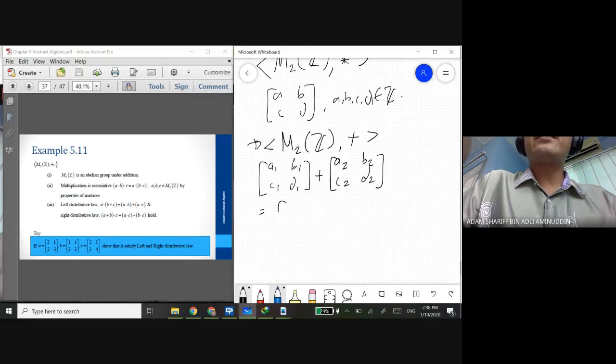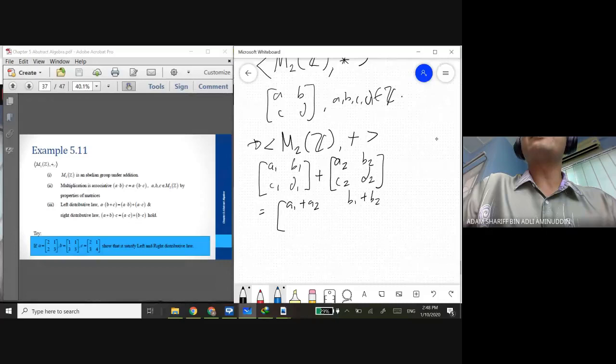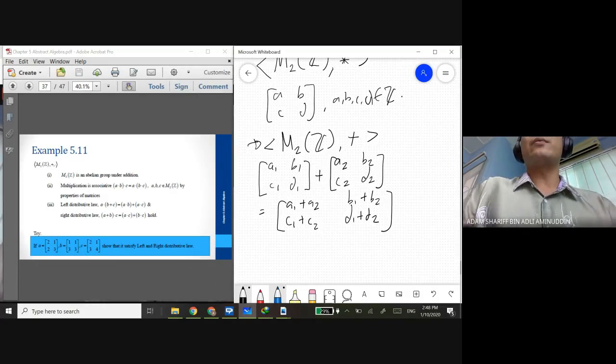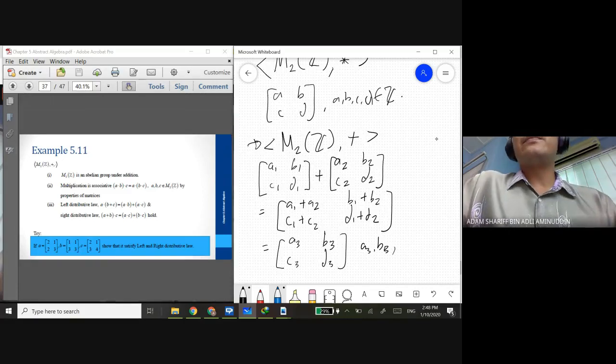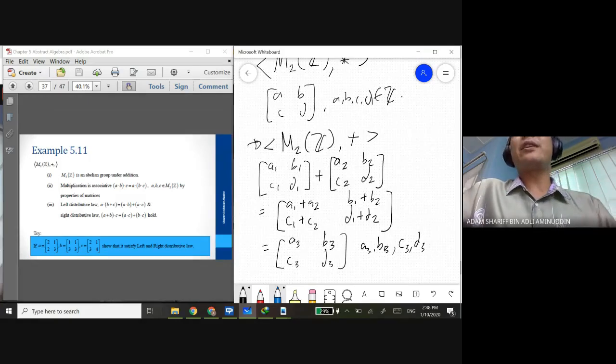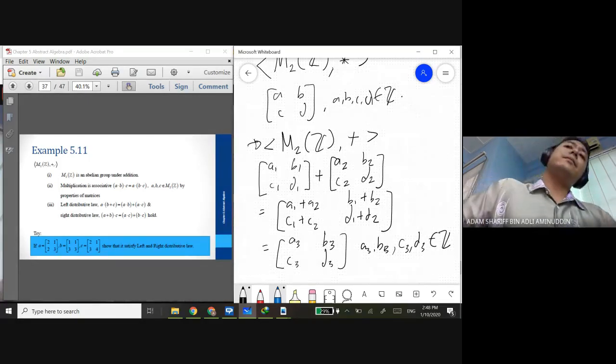It will become A1 plus A2 as the first element, B1 plus B2, C1 plus C2, and D1 plus D2. Okay? It becomes another thing, right? A1 is an integer, A2 must be an integer, becomes another integer. All of these are integers. So at this point, you may already see the matrix addition is closed.